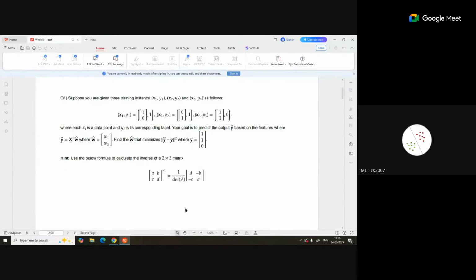Each xi is a data point and y is the corresponding label. Your goal is to predict the output y hat based on the features, where y hat is x transpose w hat, and w hat is w1, w2. Find the w hat that minimizes this squared error loss, where y is 1, 1, 0, visible from the dataset itself.